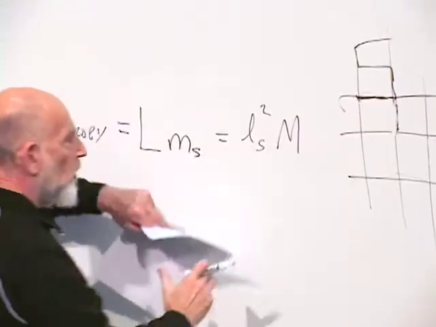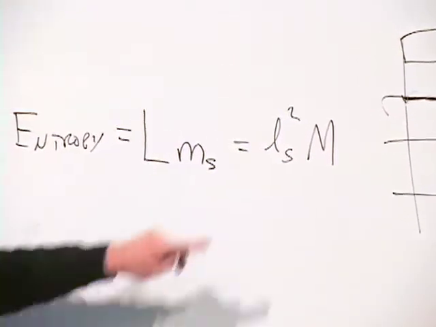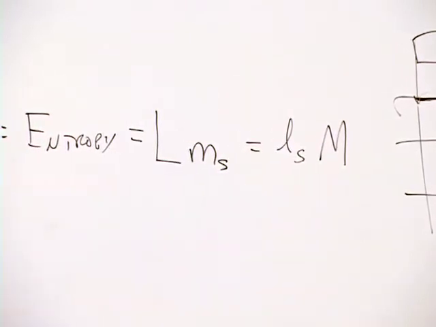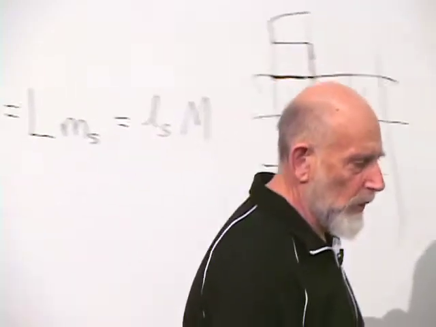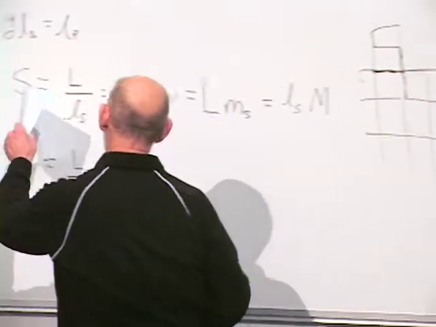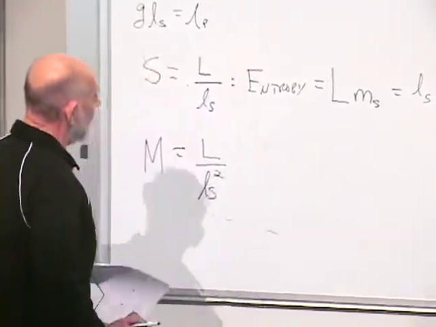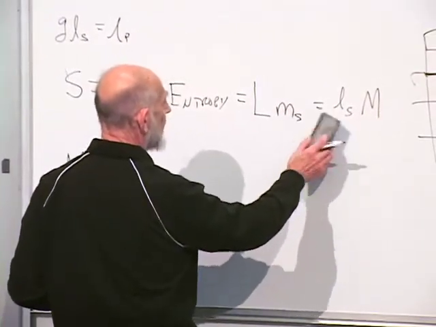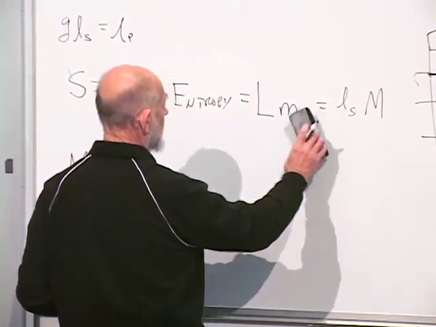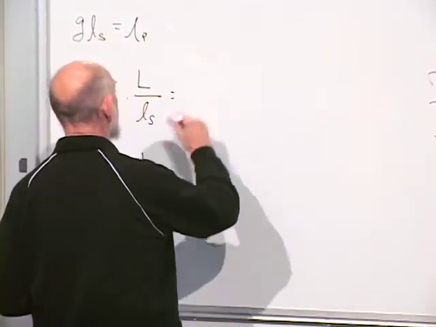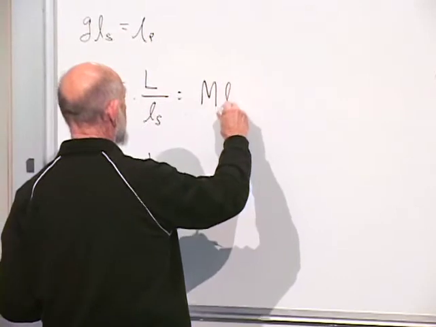But m string is 1 over L string, right? So we can just take away one of these L strings. I think I'll just condense this into two equations because parts of them I'm not interested in. S is the length divided by the string length, but it also happens to be the mass times the string length. The total mass of the total string, M, times the string length.